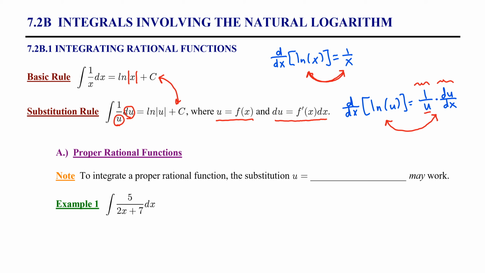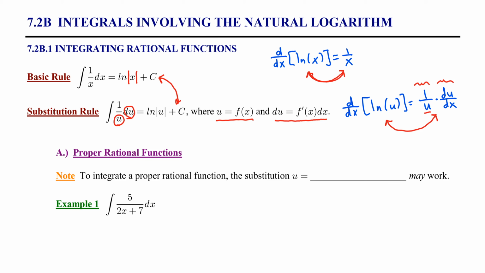Now, we're going to separate this into categories. When we integrate rational functions, we need to identify, are they proper or improper, because we'll handle them both differently. A proper rational function has a numerator of lesser degree than the denominator.